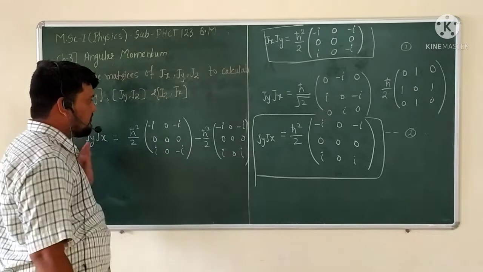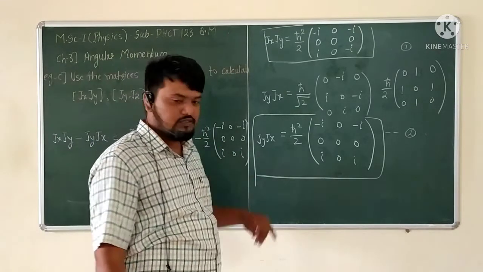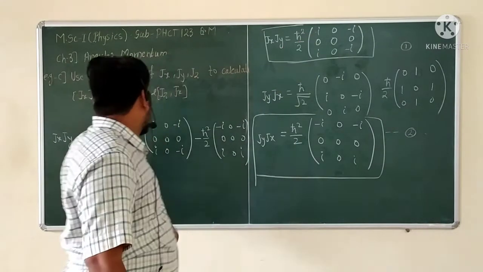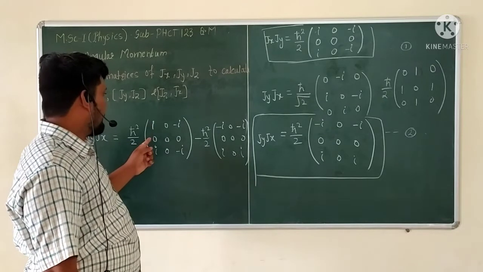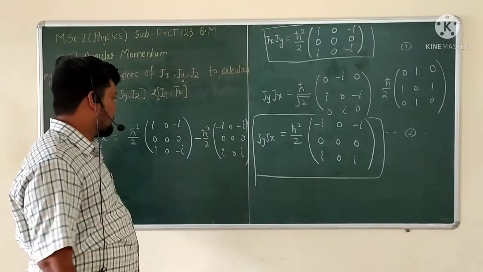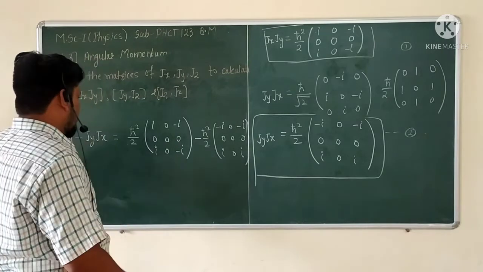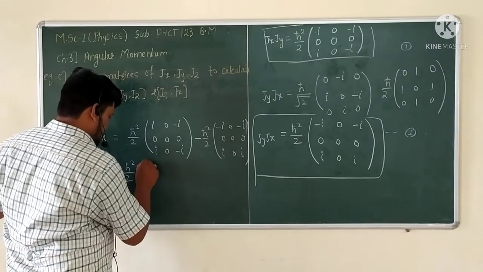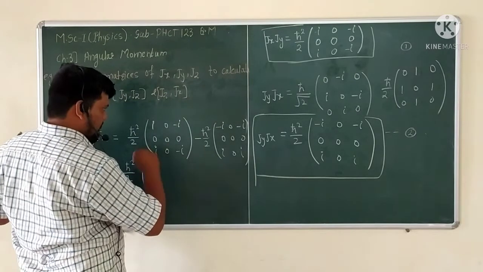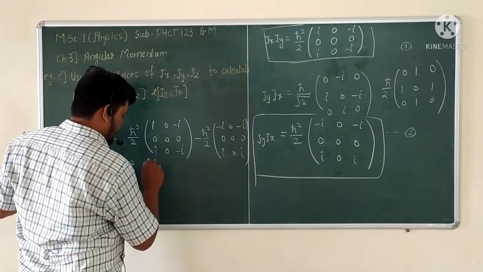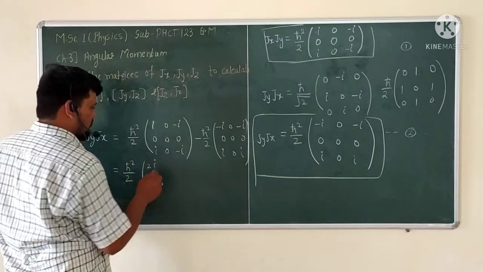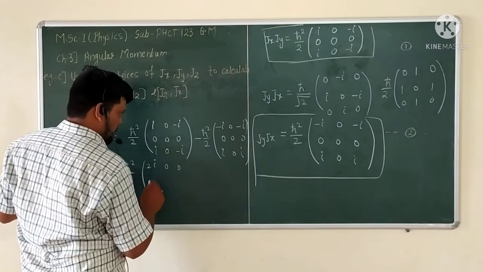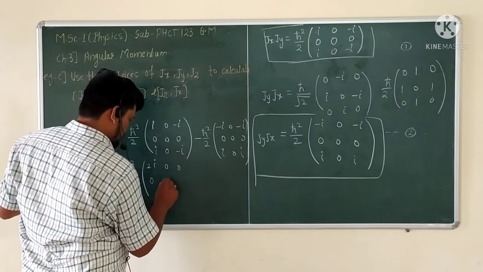Plus sign is there. i minus minus i, so minus minus plus, and this is nothing but ħ²/2, and in this bracket i plus i, that is nothing but twice i. 0 plus 0, 0, minus i minus minus plus i, so this is 0, so the middle is 0.